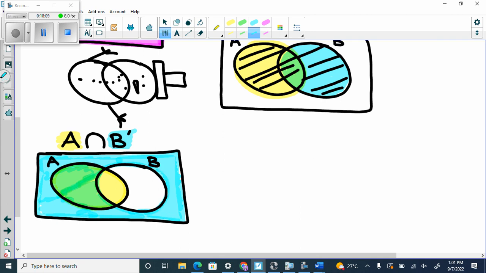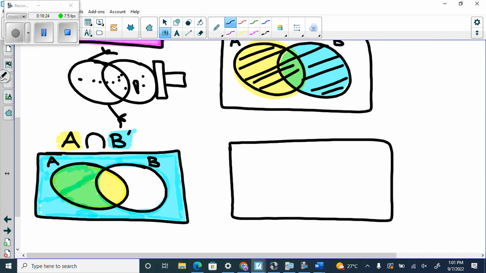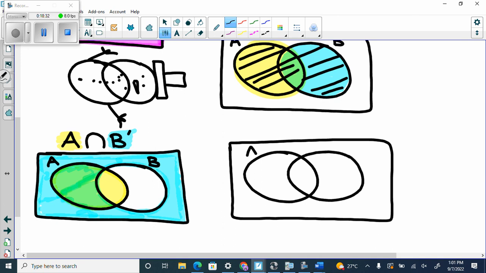So do you see how I just shaded A in yellow and then I shaded not B in blue? That's all I did. I did nothing crazy here. Do you see that? Okay. Now, because it's an and, I'm going to actually draw the and. This is like a middle step to get me to the and. So I shaded it. You see how I just shaded separately? Now, the actual Venn diagram for A and not B is where they both exist. Where do they both exist?